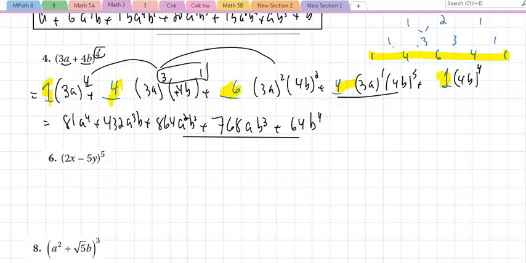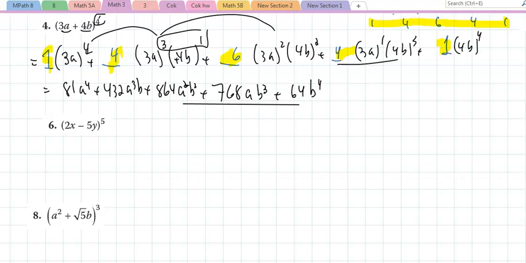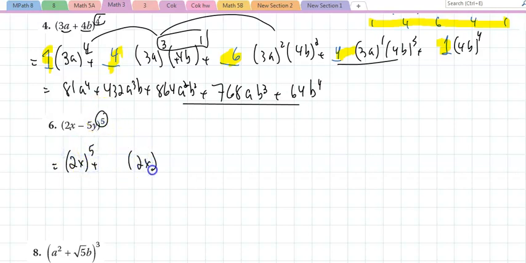So if I look at this, I'm going to use binomial on this. The key for me, so I don't have to be stuck with memorizing the binomial, which is very messy, is to start by saying this is going to be 2x raised to the 5th power. The next term will be 2x, 1 less, and that means the negative 5y will pick up the 1.